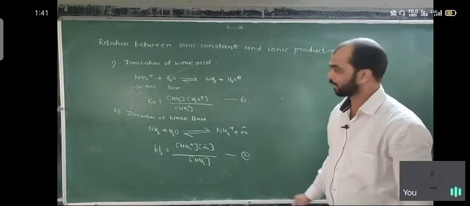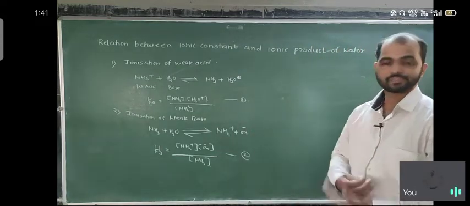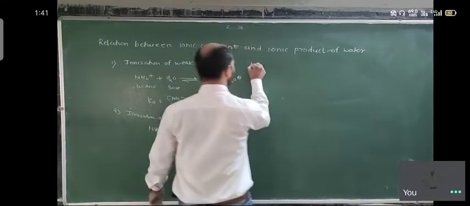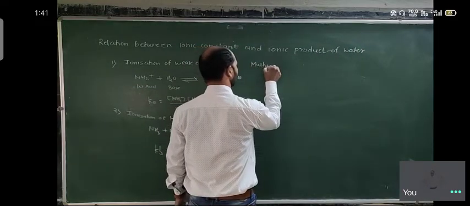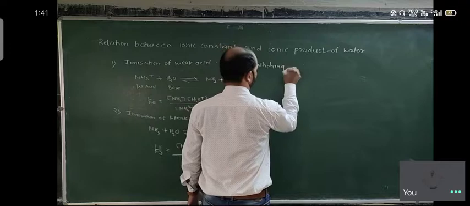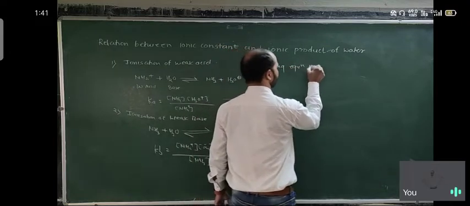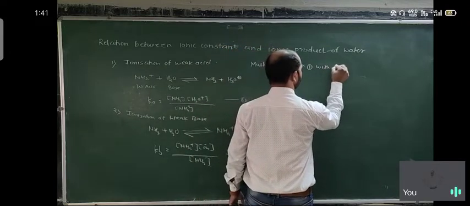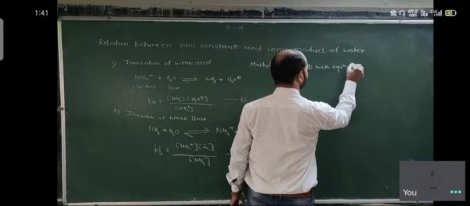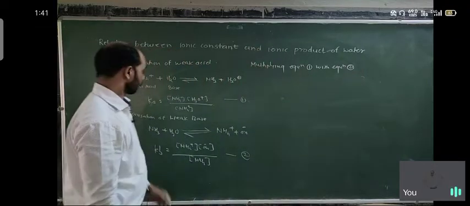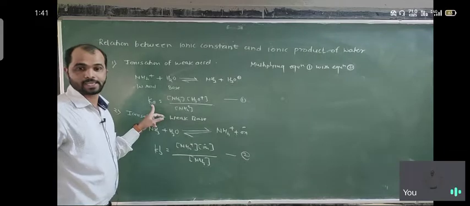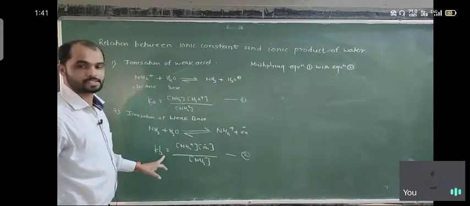So what happened here, we multiply both the equations with each other, multiplying equation 1 with equation 2. What is equation 1? This is the Ka. What is equation 2? It is the Kb.